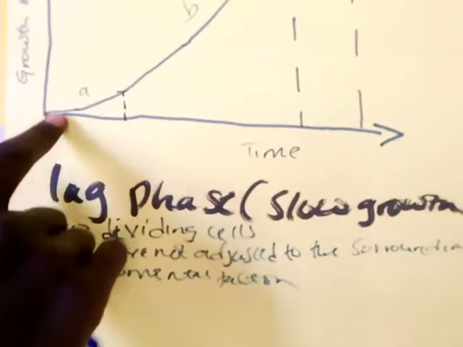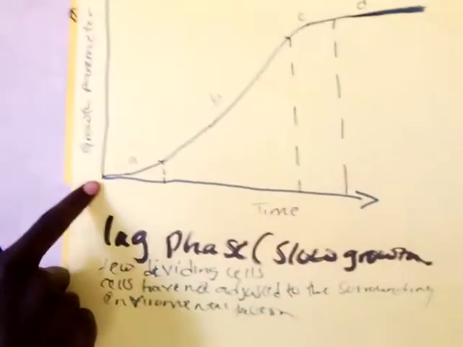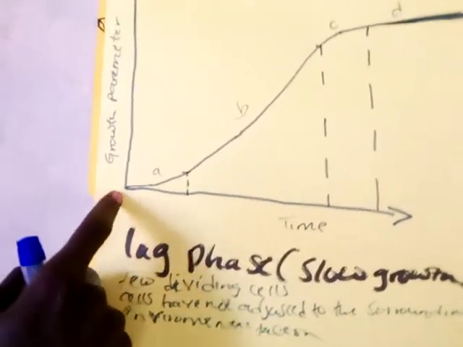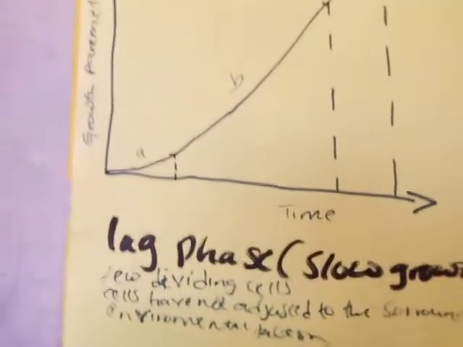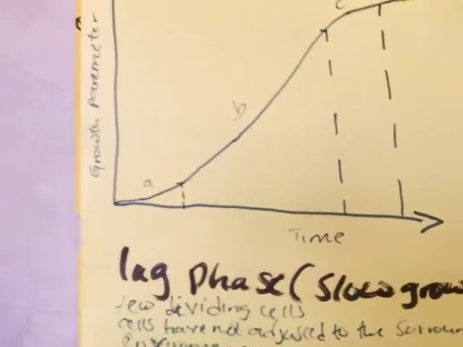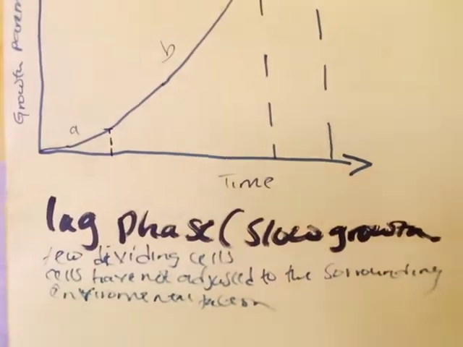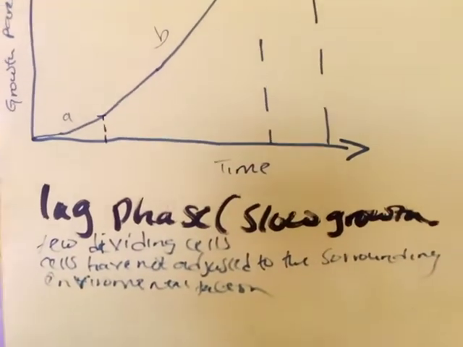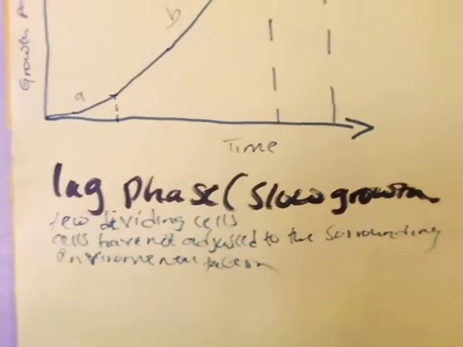So if you look at this graph, where we have small a, you realize that we have that lag phase, and we've said that the growth is very slow, and this is due to few dividing cells, and the dividing cells have not adjusted to the surrounding environment.